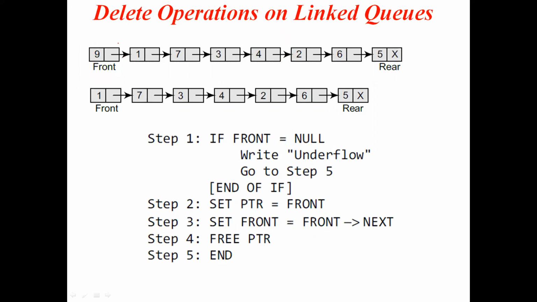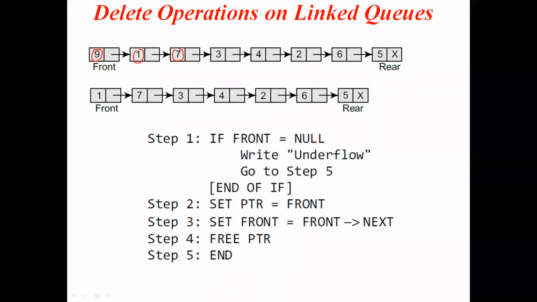For example, let us consider this queue. Instead of data, we'll consider the data as the priority number. 9 is a priority number, 1 is a priority number, 7 is the priority number. Okay, so what I do, the number with the lesser number has the high priority.